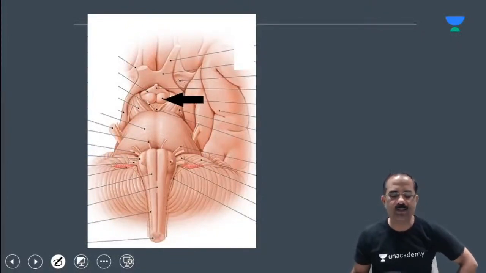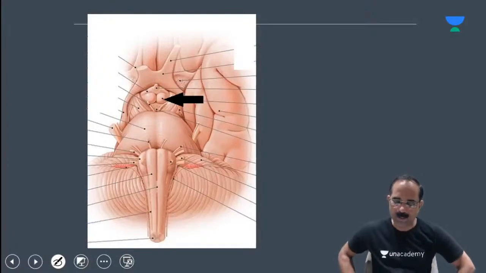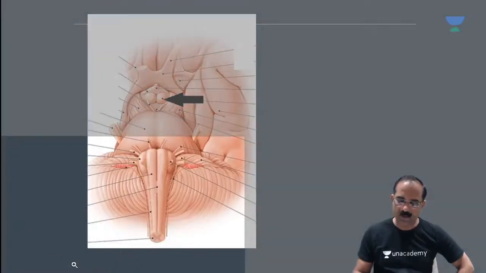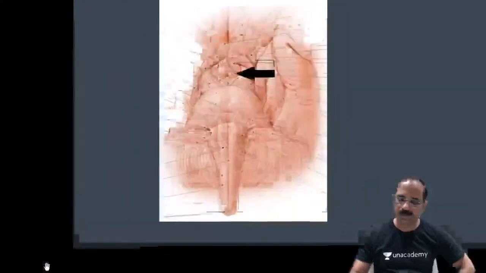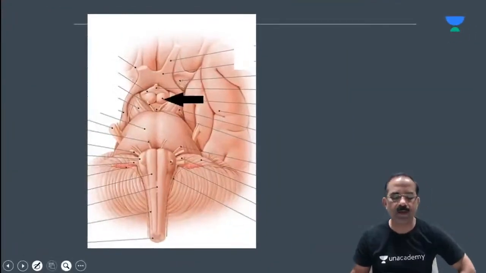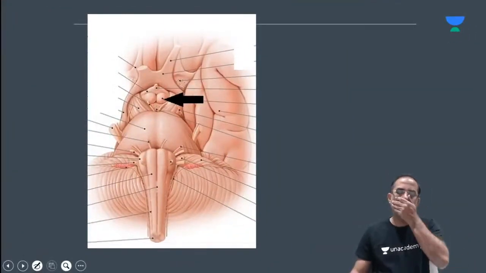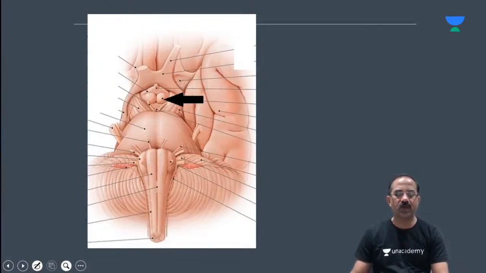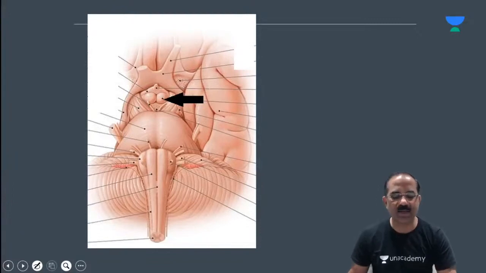Identify this pointed structure. Yes, students. Sorry. Identify this pointed structure. Come on, students. You can crack this MCQ.